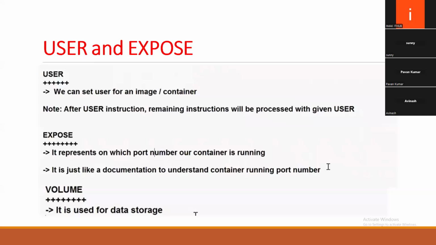If the container port is enabled but the host port is not enabled, we cannot see the output outside because of the host. If you want to get into that host, the Docker is running in the host only. That's the reason we need to enable both host port and container port. It's just like documentation to understand the container running port number.